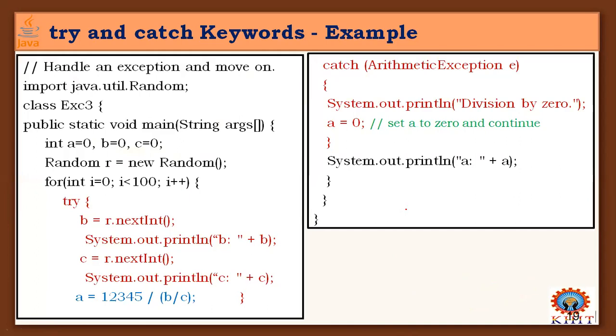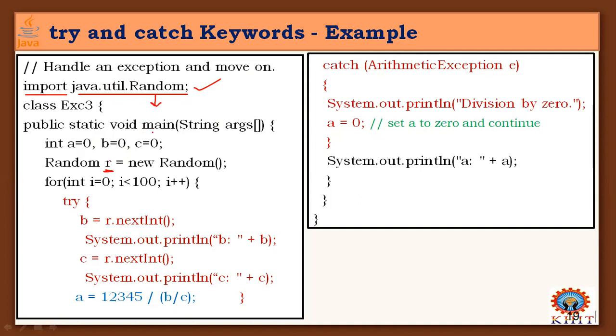And one more example is given here to handle exceptions. To remember this, the concept here is random number generation. So we import one package, java.util.Random. We're already aware of this. Random class: by creating an object of this Random class, imported from this package, the random object generates random numbers.